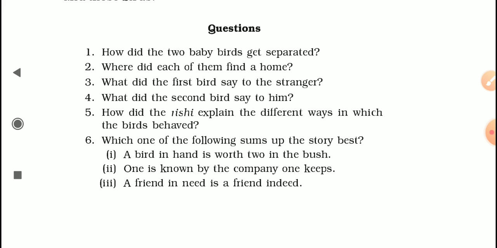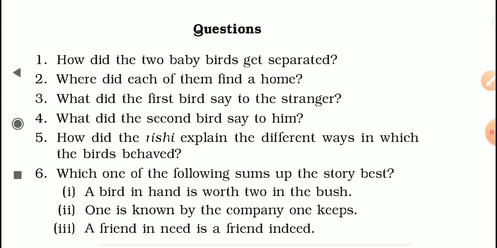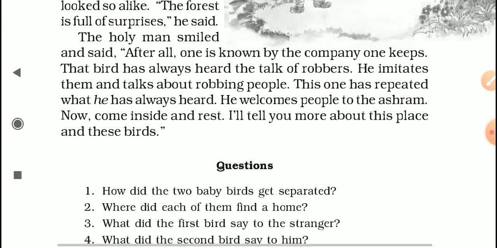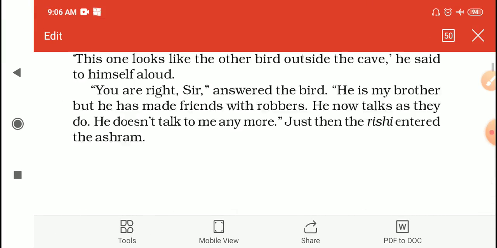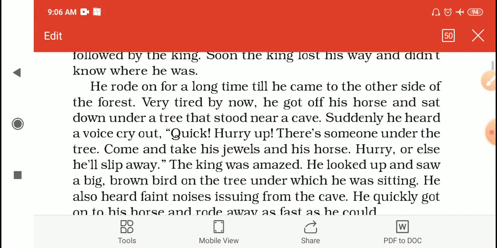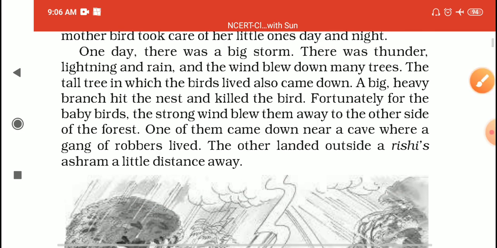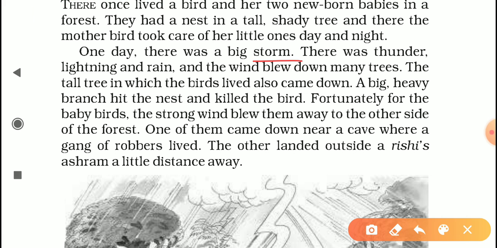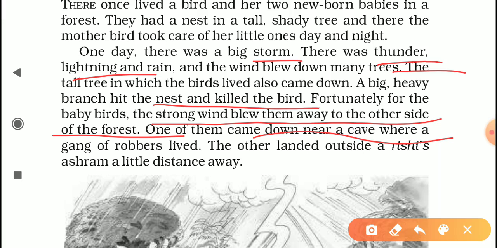How did the two baby birds get separated? We have seen it in the very beginning of the story. Let's go back there. Yes, so there was a storm, thunder, lightning, and rain, and strong wind blew the birds away to the other side because their mother was killed.